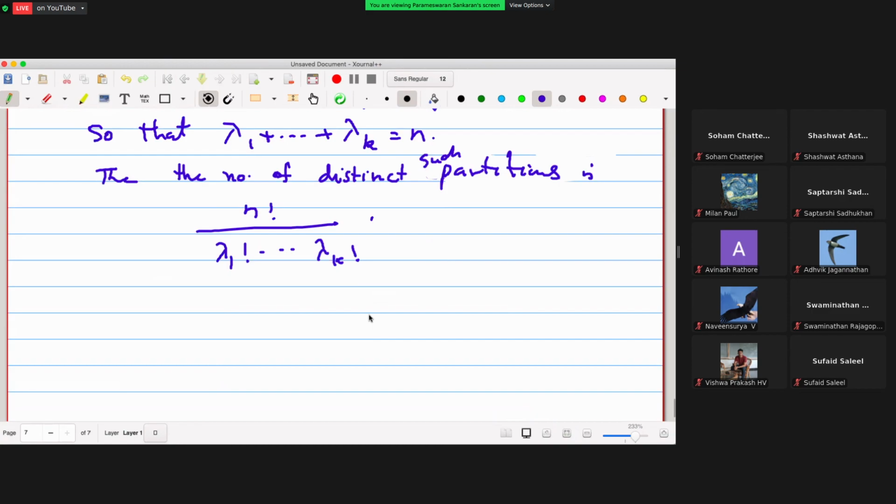Of course, you can recognize this as a multinomial coefficient, and for this reason this is also written as n choose lambda. So this notation is also very much used, and we will continue to use it.